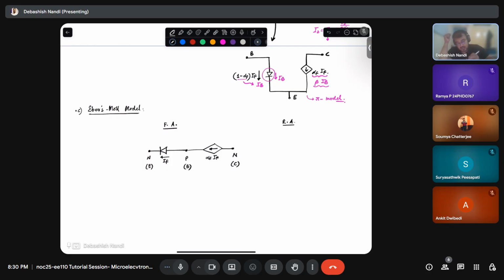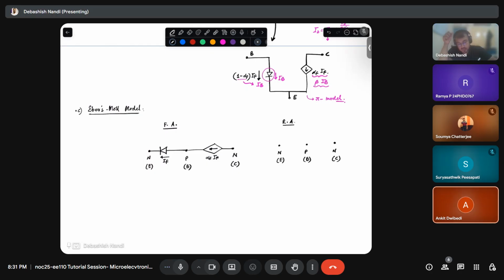Fine. Now in reverse active, what will happen? In reverse active, what is the forward bias junction? Anyone? In reverse active, what junction is forward biased?